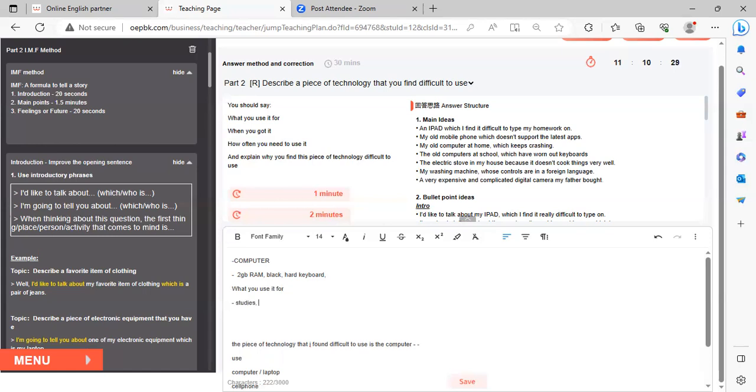For checking emails, and social media browsing. Yes, ma'am, social media browsing. You can give examples here.